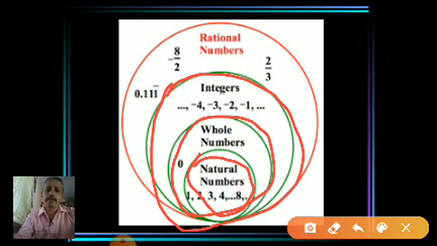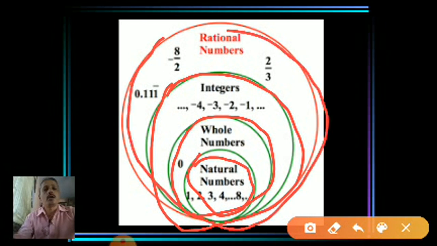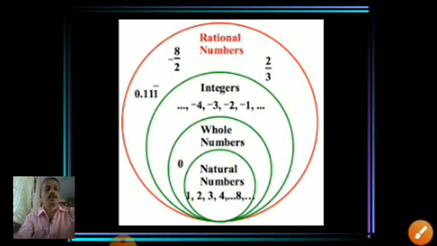There are negative rational numbers also, isn't it? So the last circle is showing all types of numbers including positive, negative, 0, and in the form of fractions, that is p upon q. I hope you got a clear idea regarding numbers.